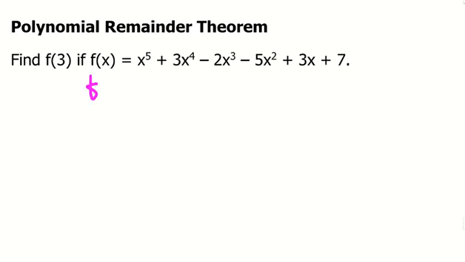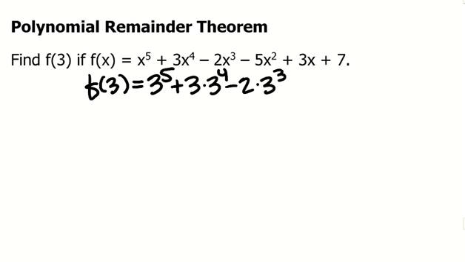So f of 3 is going to be 3 to the 5th plus 3 times 3 to the 4 minus 2 times 3 to the 3rd minus 5 times 3 to the 2 plus 3 times 3 plus 7. I'll save you the time of punching that in the calculator, and I'll tell you that that's 403.